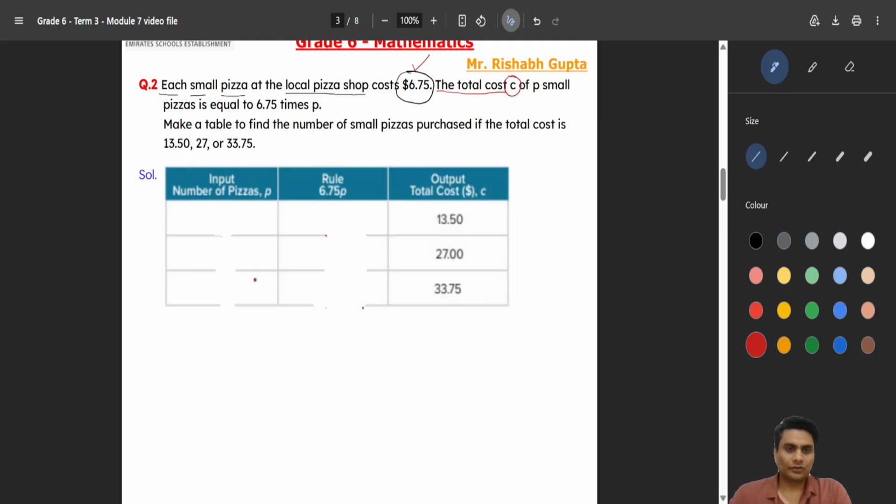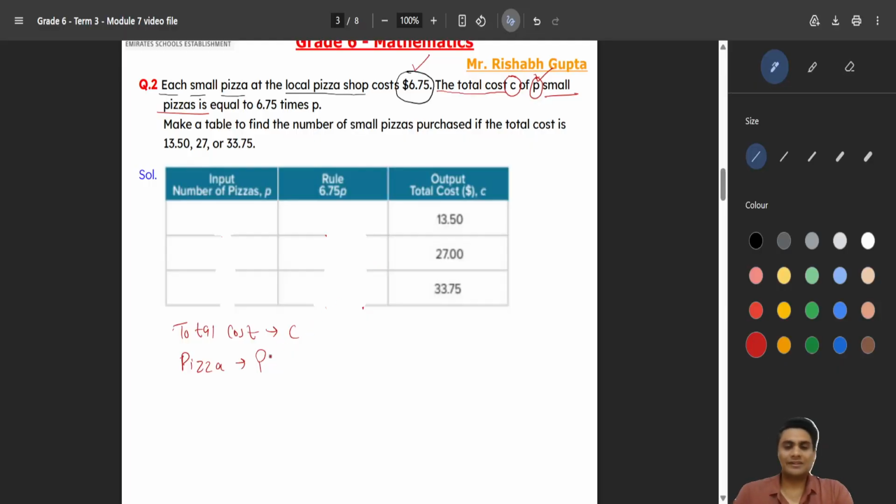So let us write here total cost C of P small pizzas. Now the number of pizzas is not given, so for that also he chose a variable P. For the number of pizzas we are taking P. So these are my two variables, right?